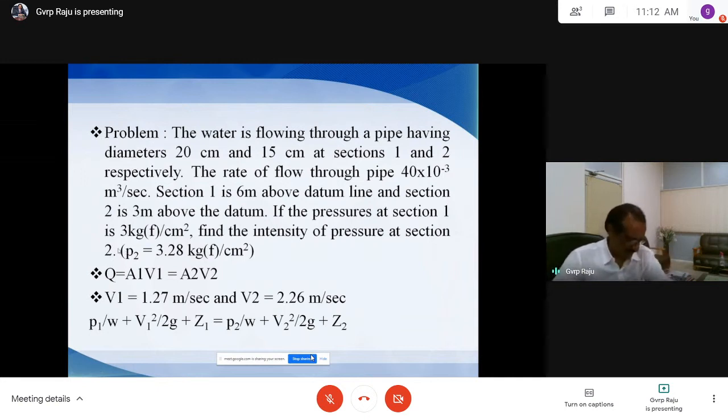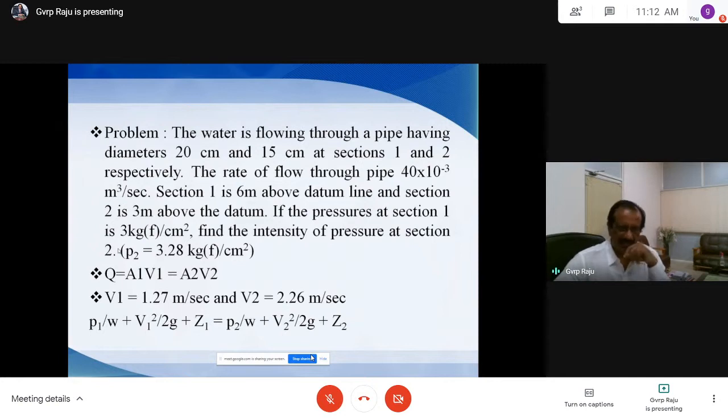So now we use the continuity equation. Q is equal to A1 V1 is equal to A2 V2. And we have the value of Q here, Q is 14 into 10 power minus 3 meter cube per second.